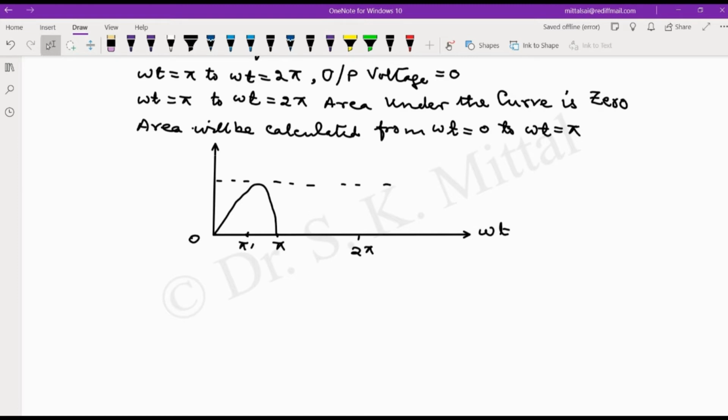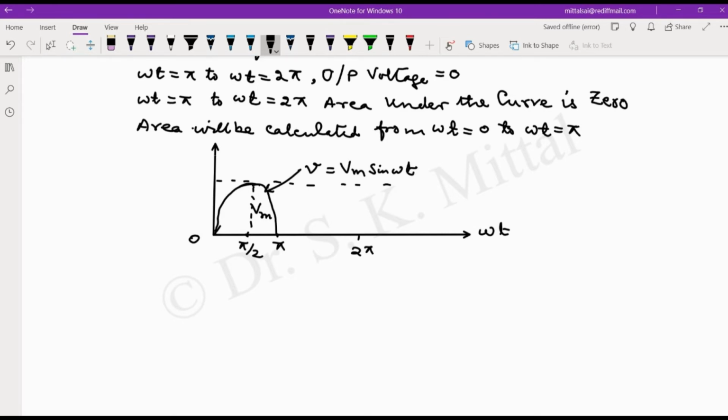At pi by 2, we have maximum value Vm. And this is the sinusoidal curve, which we have represented by the equation V is equal to Vm sin omega t.